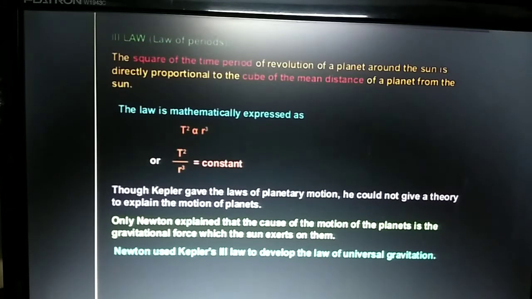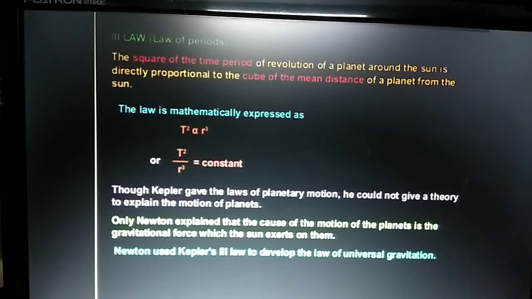Though Kepler gave the laws of planetary motion, he could not give the theory to explain the motion of planets. Only Newton explained that the cause of the motion of the planets is gravitational force which the sun exerts on them. So Newton used Kepler's third law to develop the law of universal gravitation.